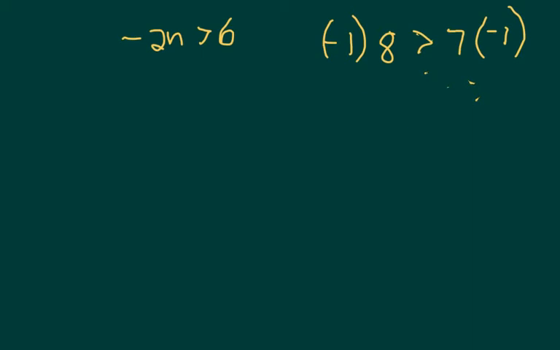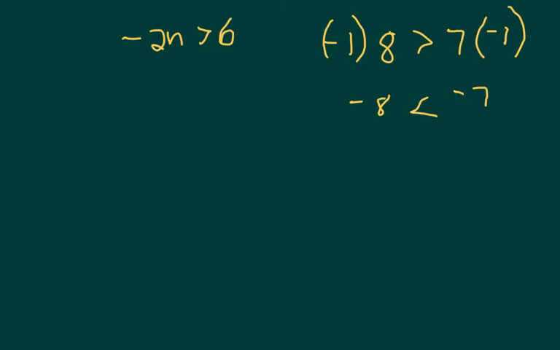The first thing I should do, as I'm getting ready to do this multiplication, is change this symbol to be less than. And then I can do the multiplication. -8 is less than -7, and that's true.